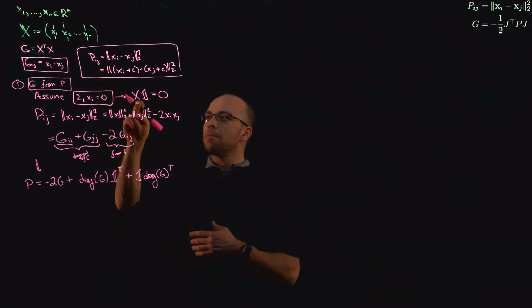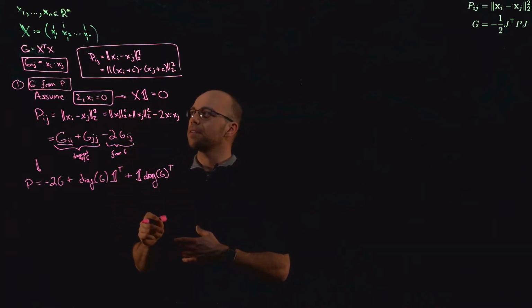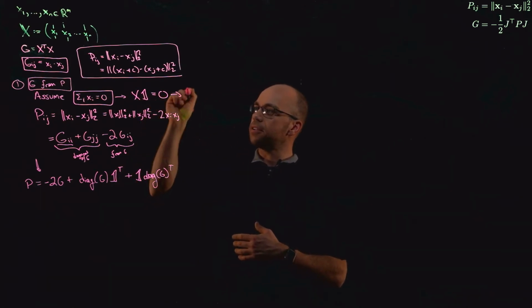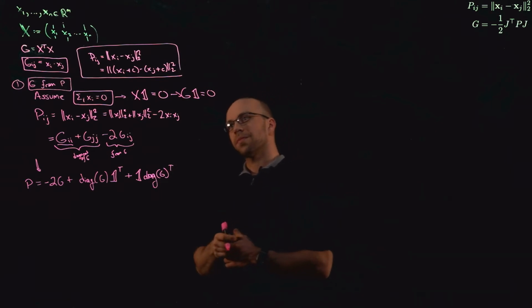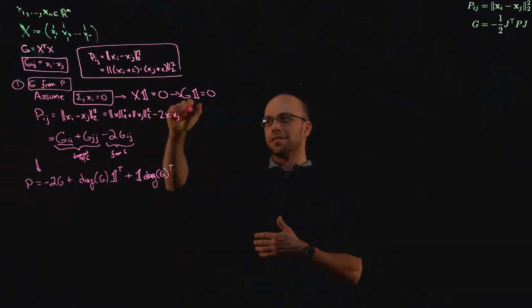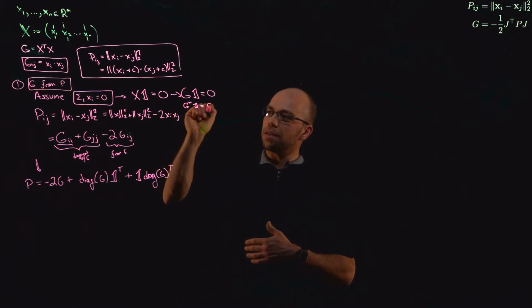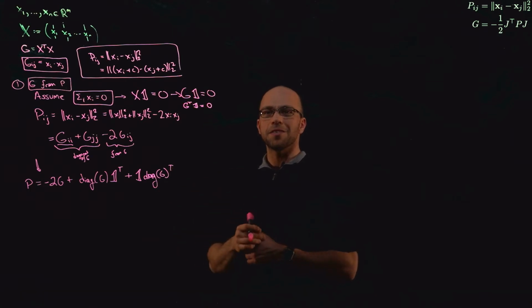And if I pre-multiply this expression by X transpose, remember that G is equal to X transpose X, what I get is that G times the vector of all ones is equal to 0. Remember that G is a symmetric matrix, so that means that also G transpose times the vector of all ones is equal to 0.